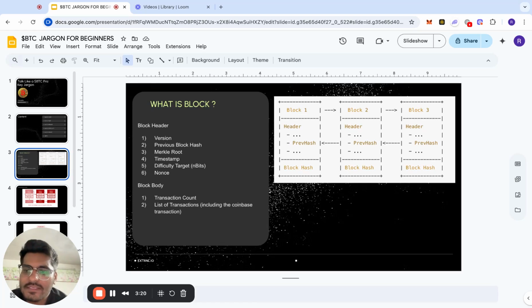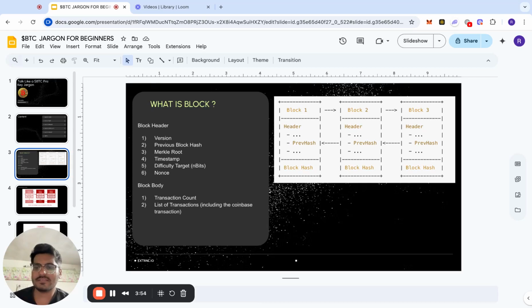So now, why is this 10 minutes required? You have this term called nbits which defines the difficulty level. Whenever you create a hash, your hash is a 32 byte hexadecimal string. Whenever you decode this string, the value of that string should be less than this difficulty target.